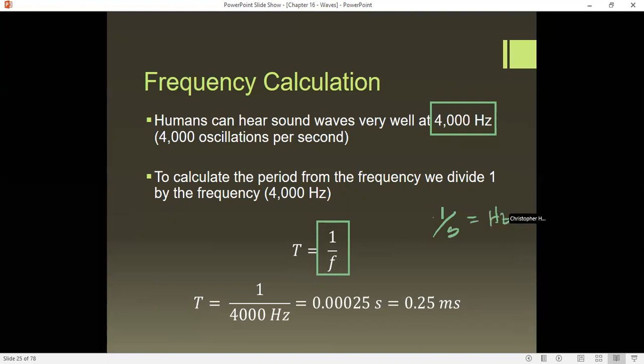So we take 1 over 4,000 and we get 0.00025 seconds, or a quarter of a millisecond, or 250 microseconds. So this is telling you two things. One, this wave is oscillating 4,000 times per second. It's also telling you that each oscillation takes 250 microseconds to take place.